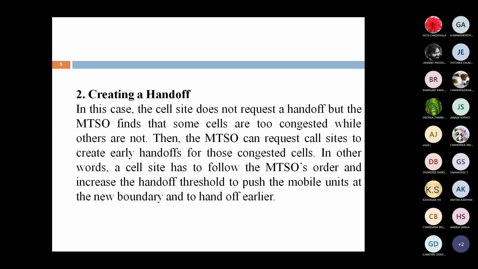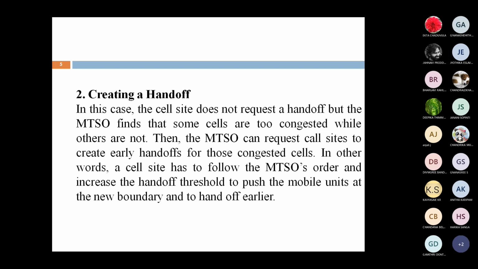The second one is creating handoff. Creating handoff occurs in urban areas. Here, we have to increase the threshold level and push the mobile into a new boundary.